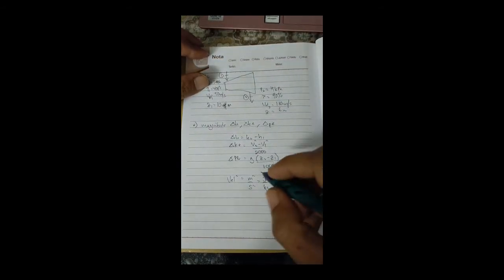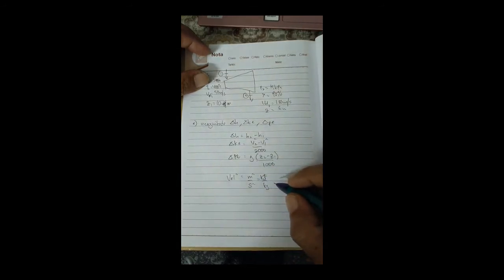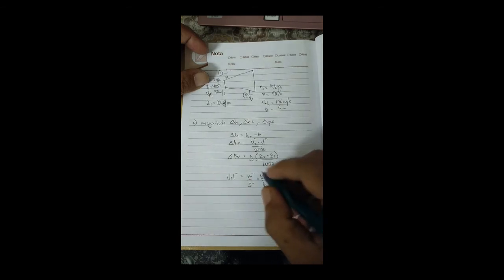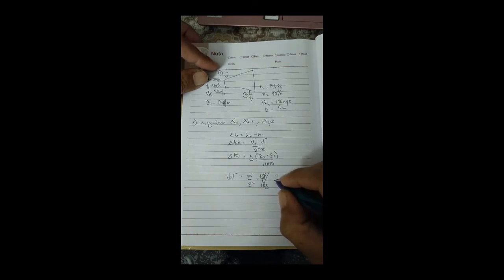Okay, so basically if you want the unit in kilojoule per kg, you need to divide by 1000.